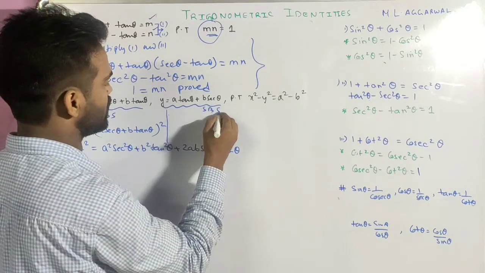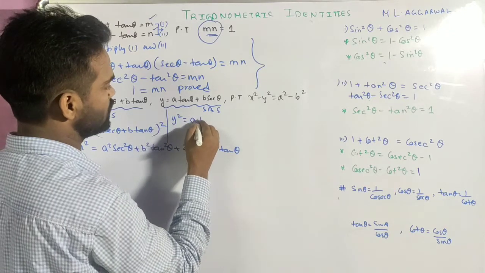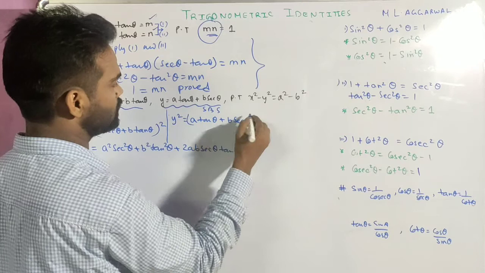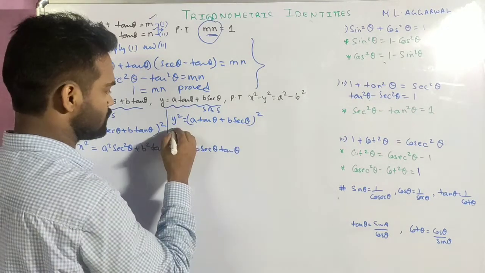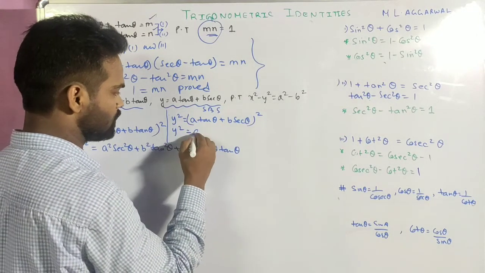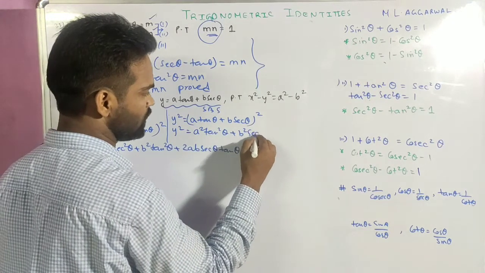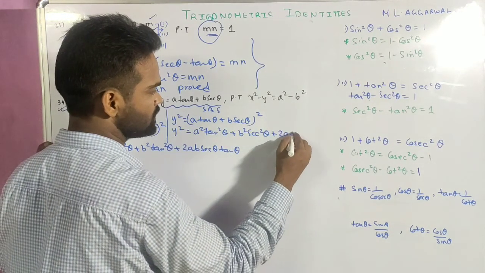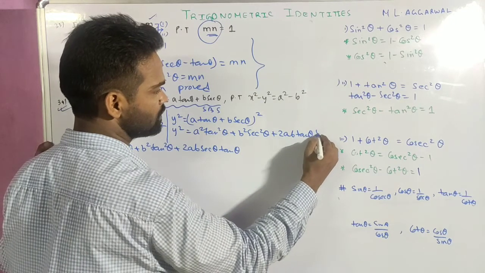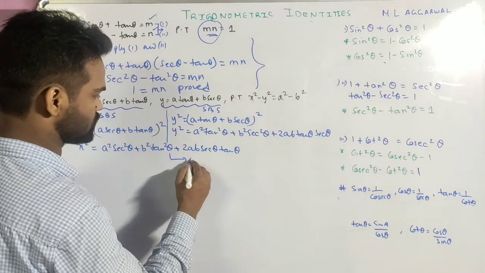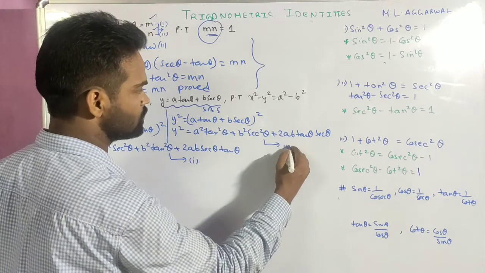Squaring both sides, I'll get y square equals a tan theta plus b sec theta whole square. So y square equals, I'll just open the bracket, a square plus b square plus twice ab. Isn't it?